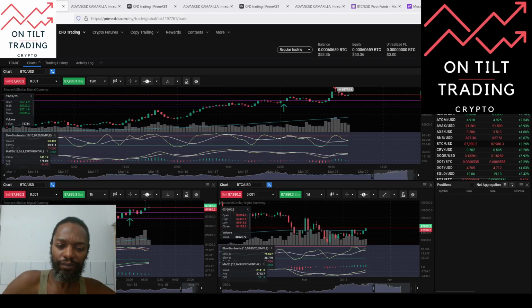So Bitcoin found buyer support in this upper half of this range between R4 and R3, broke out, sold back off here near the open, still found support here at a similar level, if not a little higher, and then with this volume coming in, able to break out.